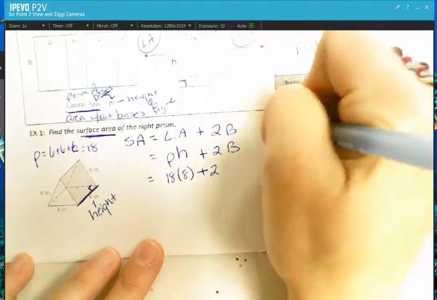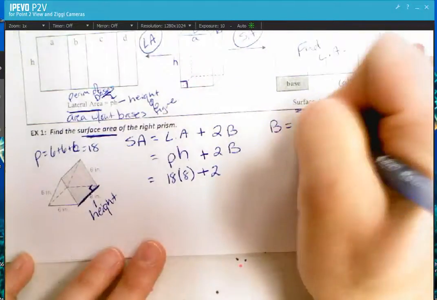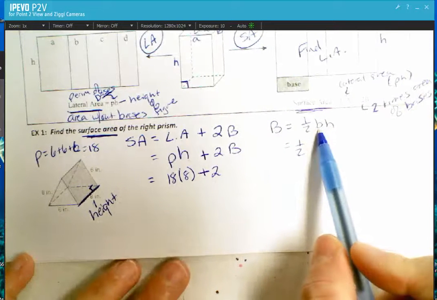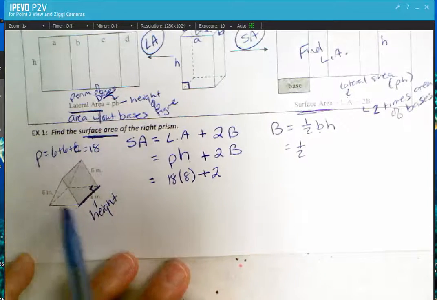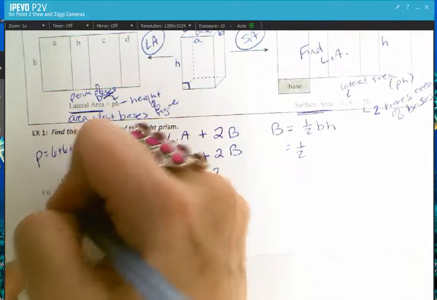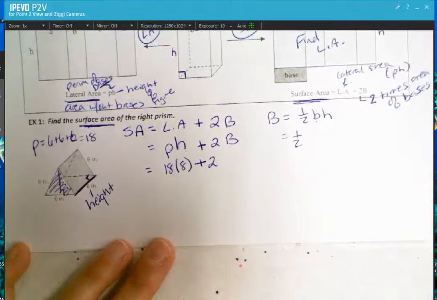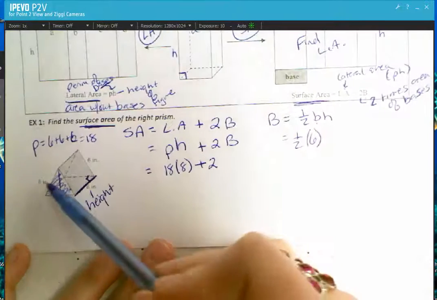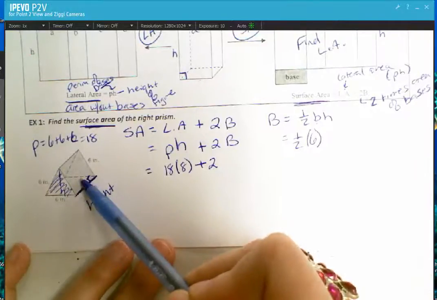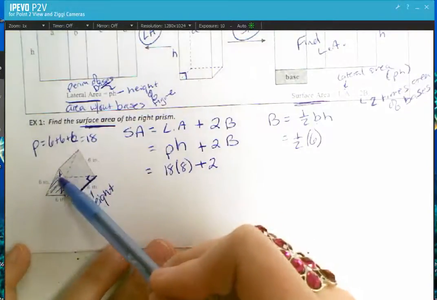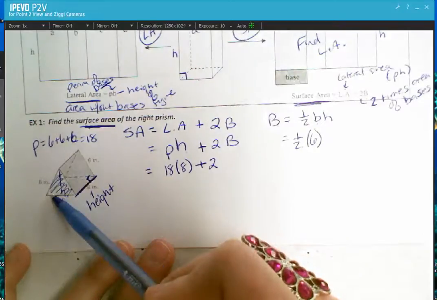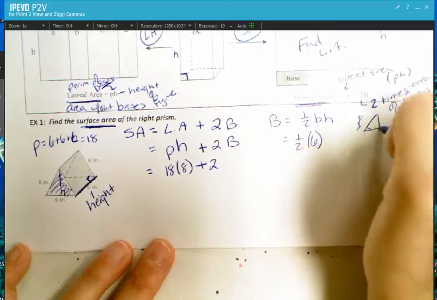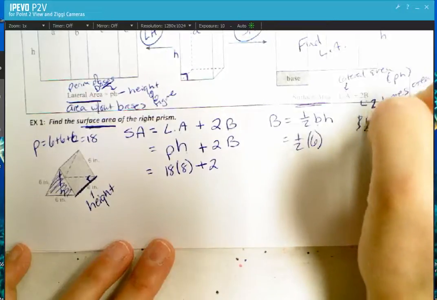So B is going to equal, what shape do I have? Triangle. So I have 1/2 base times height. 1/2. Now that I've got baby B, that's the base of my triangle because I'm trying to find the area of my base. The base is 6. I have an equilateral triangle. Or I know if I drop in my altitude, it cut it in half. So now I have a right triangle with 3 and 6.